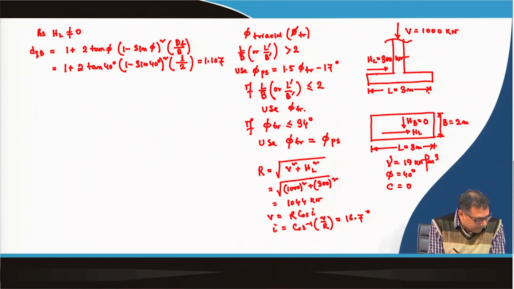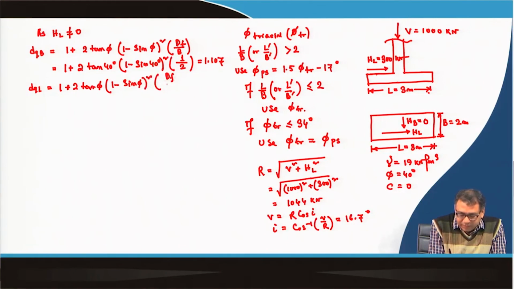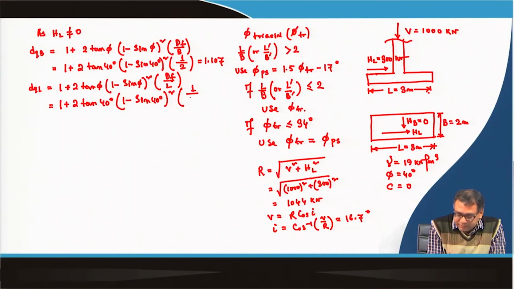Okay. Now I will go for d q L. So that is 1 plus 2 tan phi, 1 minus sin phi square, that is D f by L, because this is d q L. Now this is equal to 1 plus 2 tan 40 degrees, 1 minus sin 40 degrees square, D f is 1, L is 3 meters.